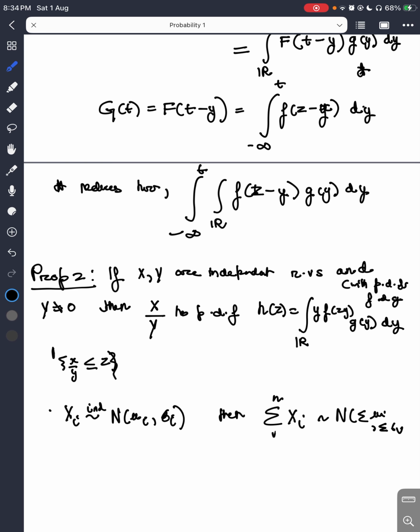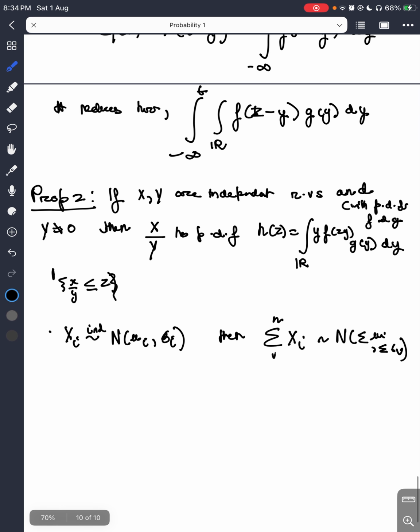We'll prove it in a different way later, a completely different proof using the inversion formula and characteristic functions. However, this gives a recipe.